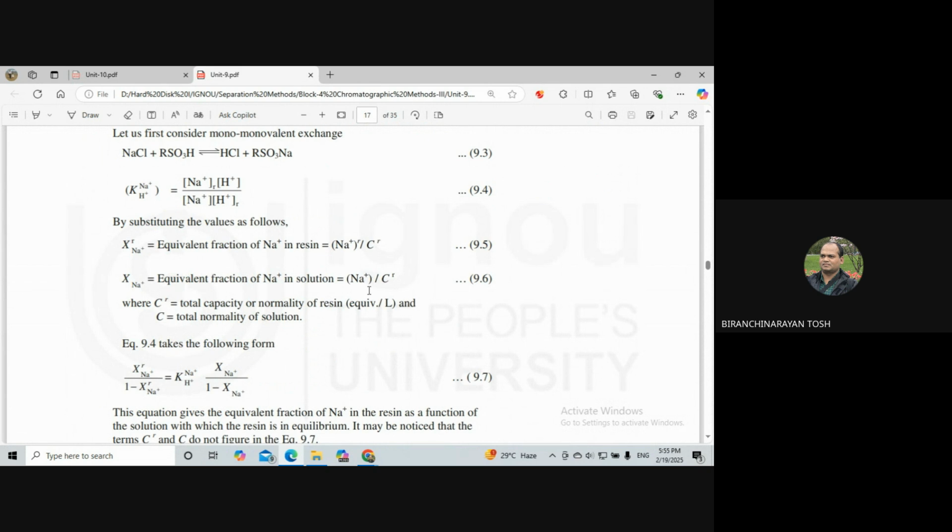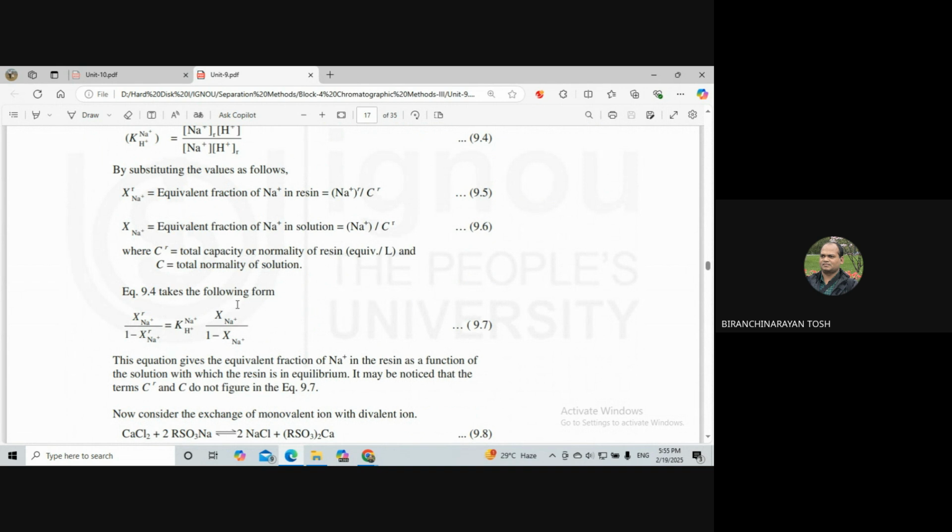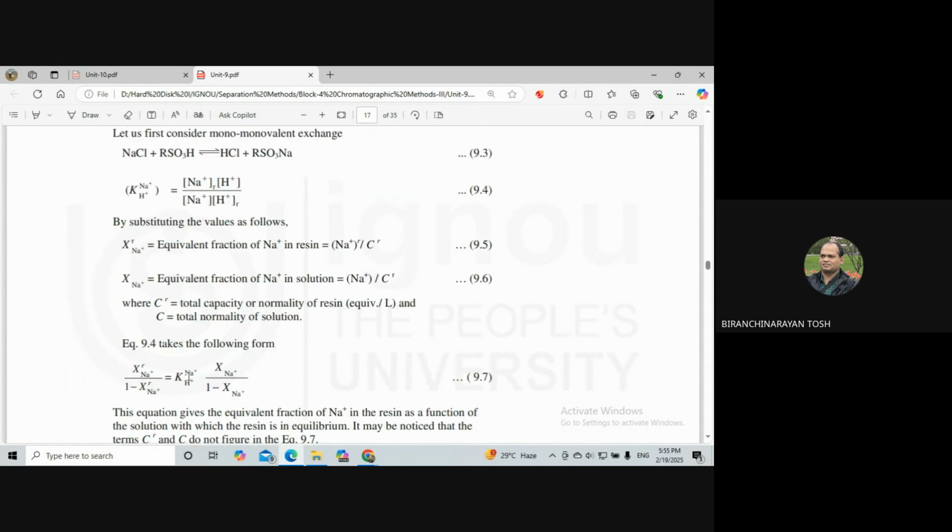So Na+ by Cr, where Cr is the total capacity or normality of resin, equivalent per liter, and C is the total normality of solution. If you put these values, then this will have a form like this.